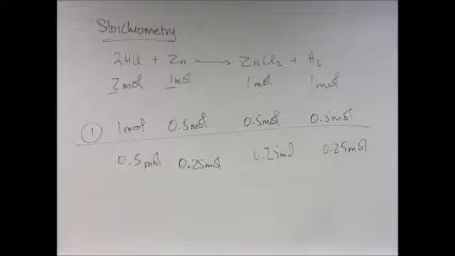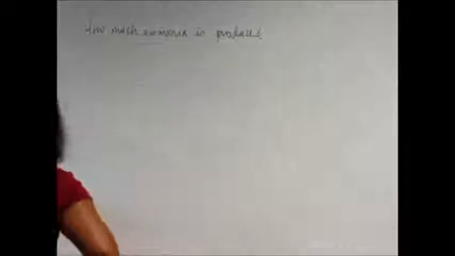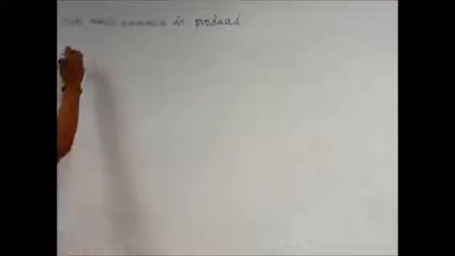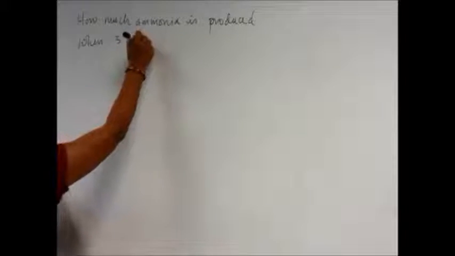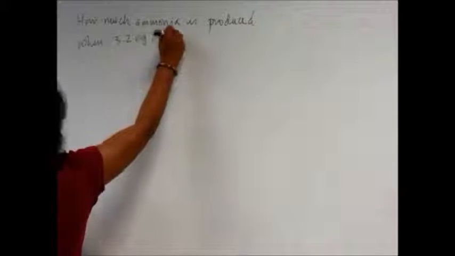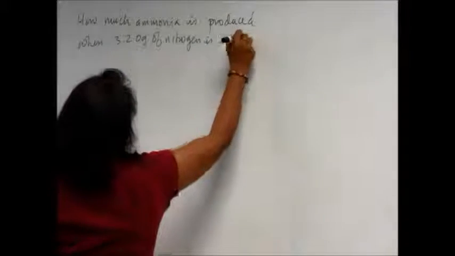Okay, then let's do a couple problems for stoichiometry. How much ammonia is produced when 3.20 grams of nitrogen is used?